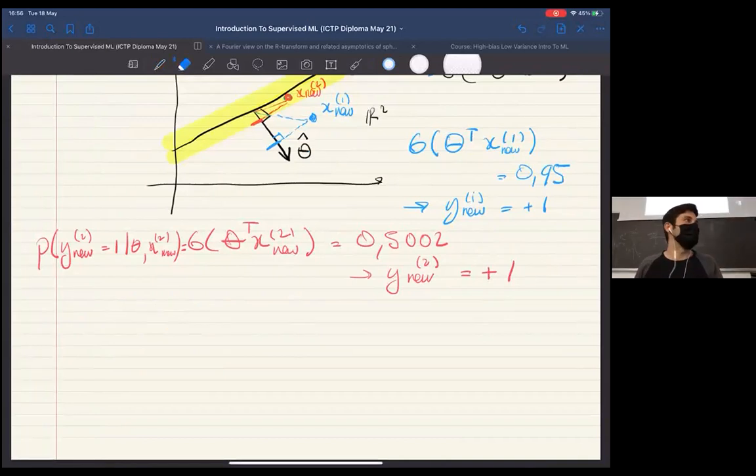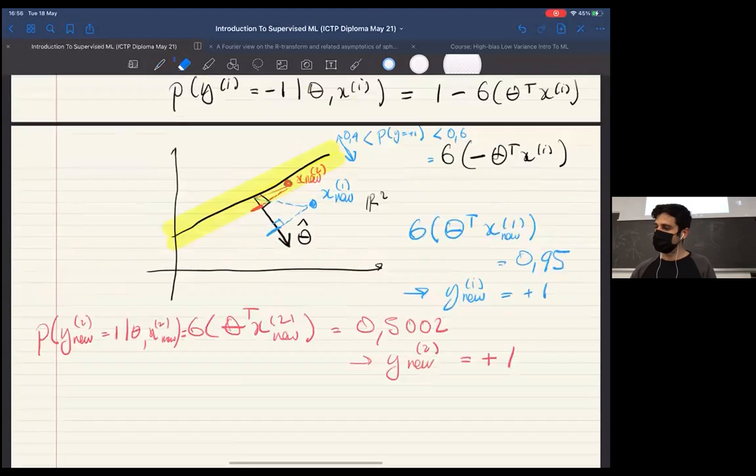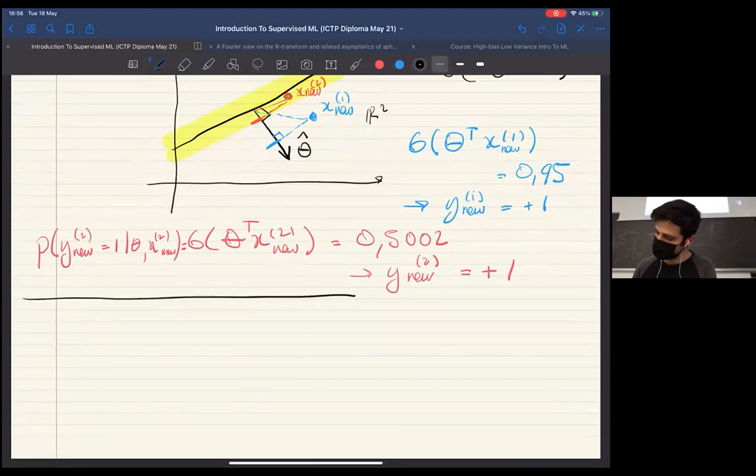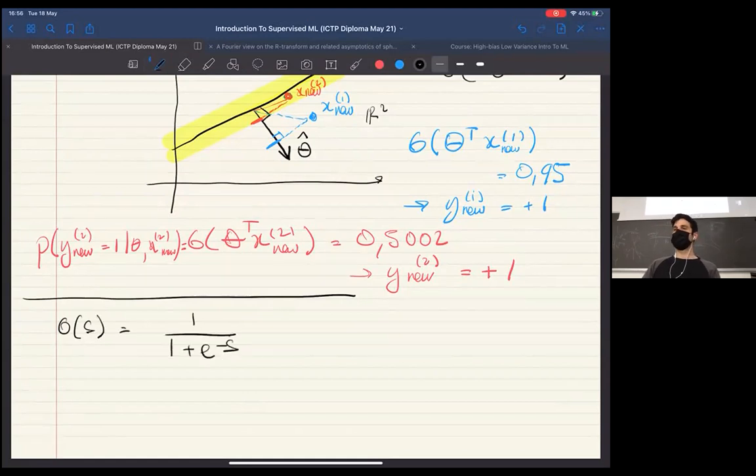Okay, so let me give a physics motivation behind the choice of this logistic function. Remember that sigma of S is 1 over 1 plus exponential minus S. Are you able to guess where this form comes from in physics?